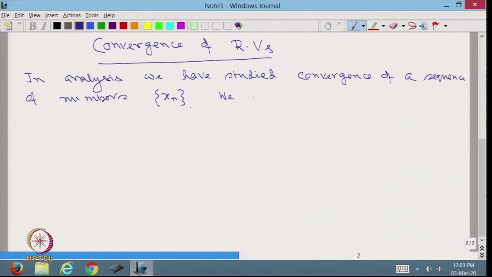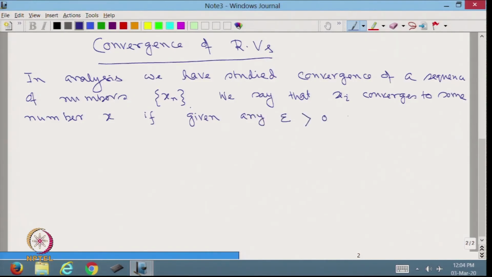We say that x n converges to some number x if, given any epsilon greater than 0, there exists N such that for all n greater than or equal to N, modulus of x minus x n is less than epsilon.